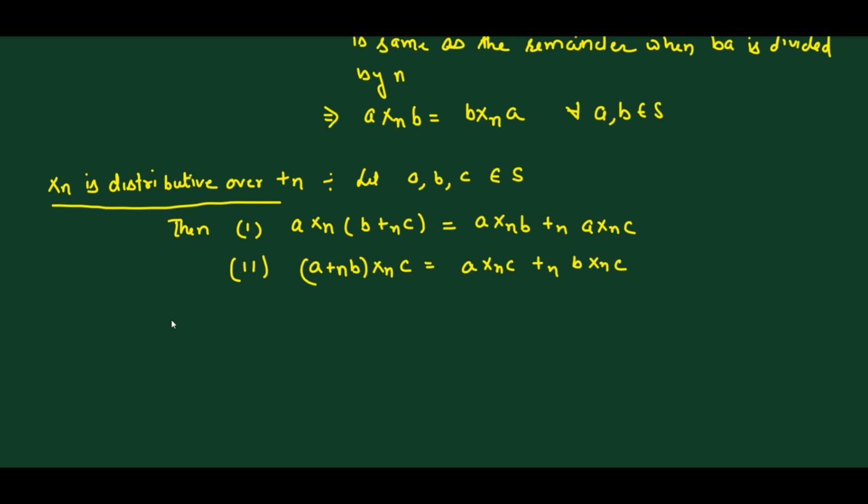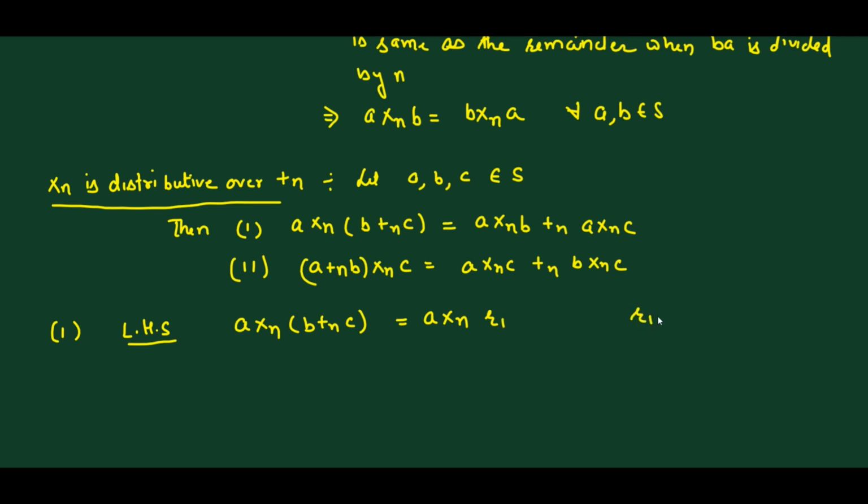I will prove the left hand distributive law for you, and you can retrace the steps to prove the right hand distributive law. So let's check the first part. Consider the left hand side from the first part, and the technique will be the same as we have done in the associativity part. Let it be R1.